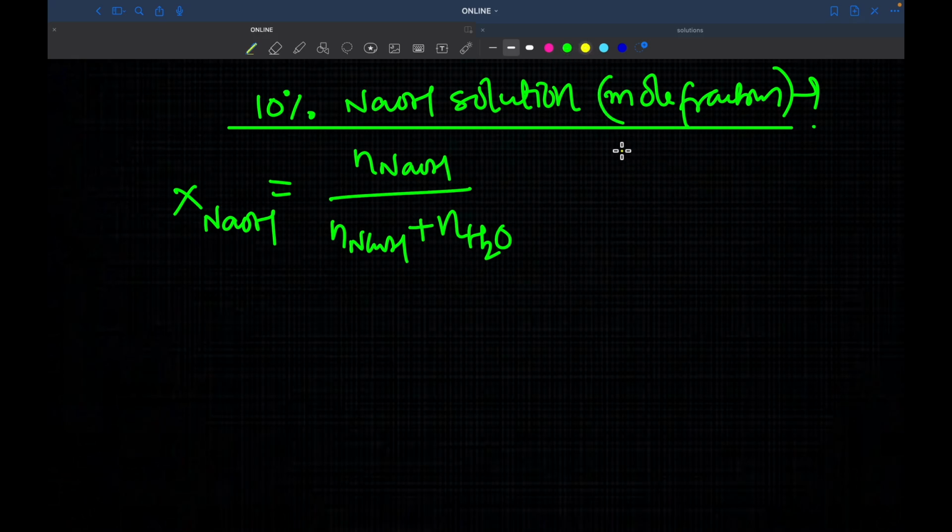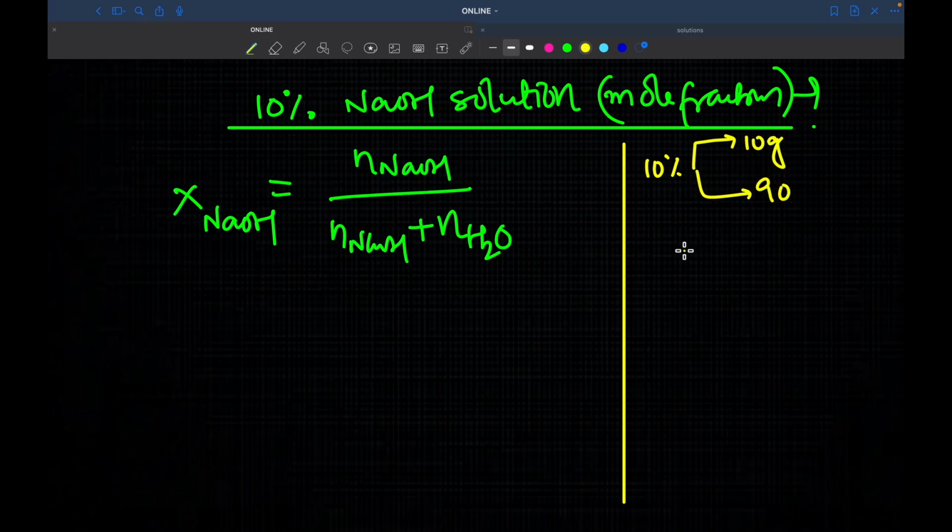So what is a 10% solution? A 10% solution means 10 grams of solute is present and 90 grams of solvent is present. So moles of NaOH: mass is 10, molar mass of NaOH is 40, which gives us 0.25. Correct?